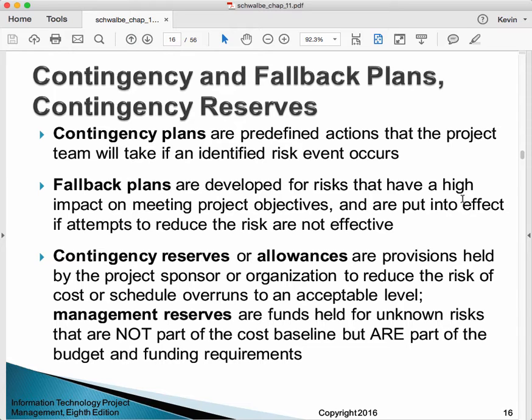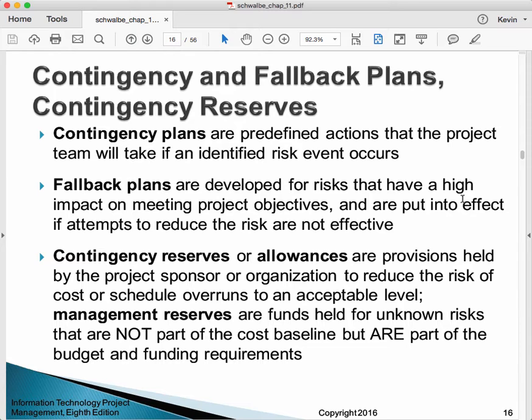Senior management is responsible to the financial managers in the organization, to the organization's shareholders or whatever their constituency is.